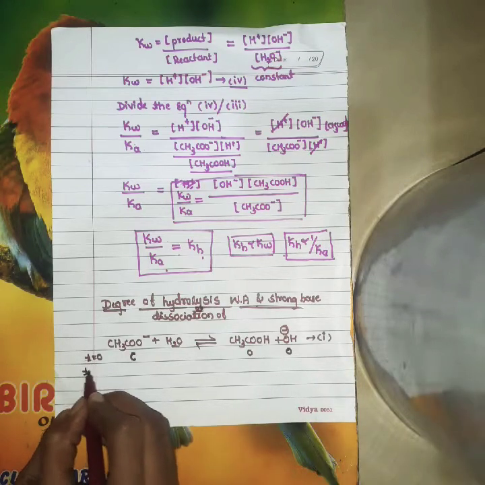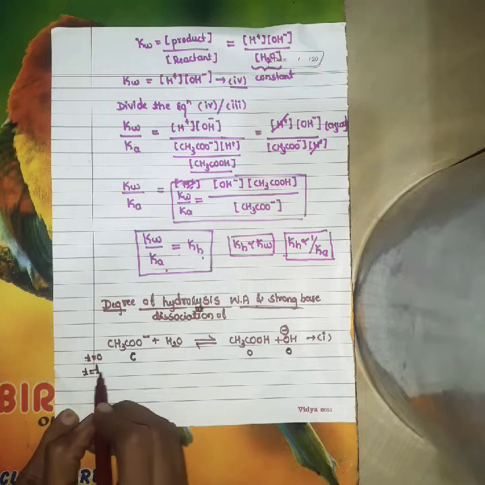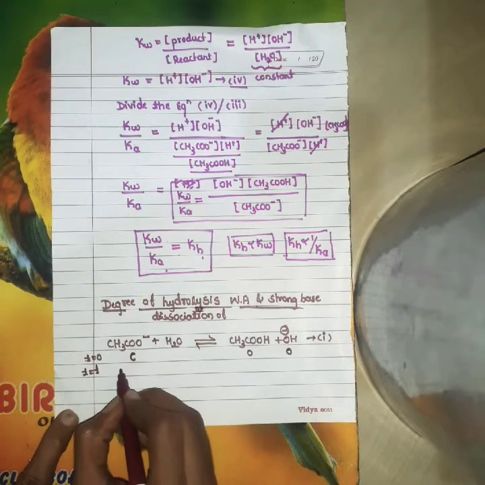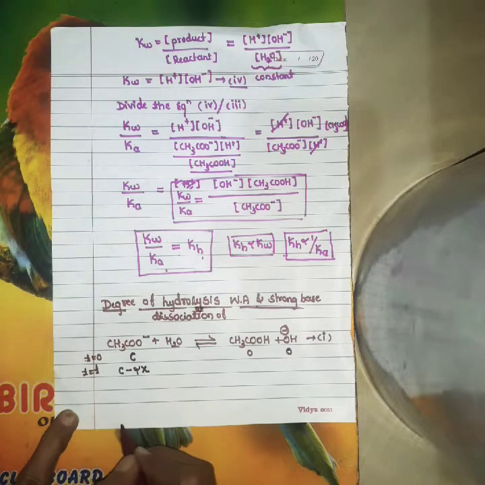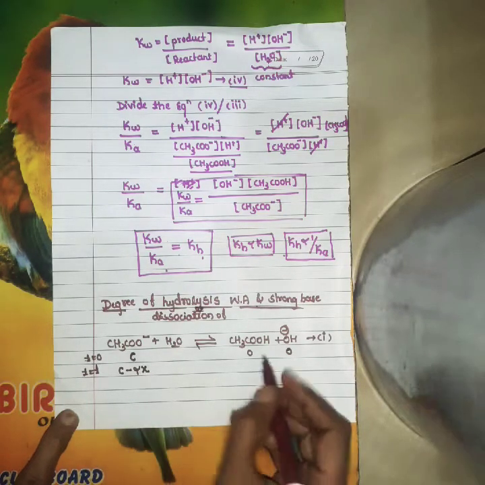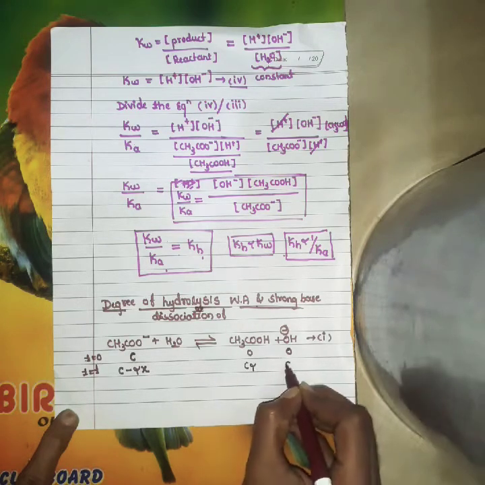After some time, the concentration of acetate ion becomes C minus C alpha, and the concentration of acetic acid is C alpha, and of OH minus is also C alpha.